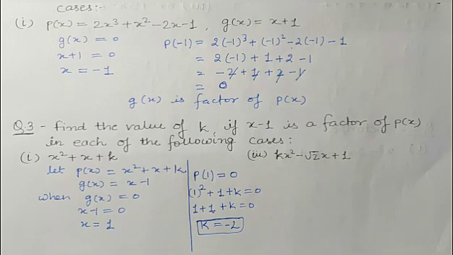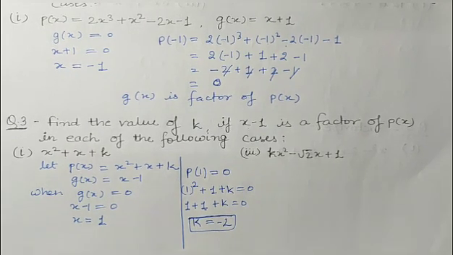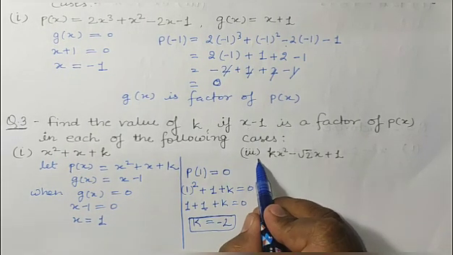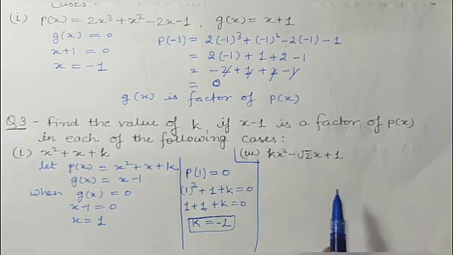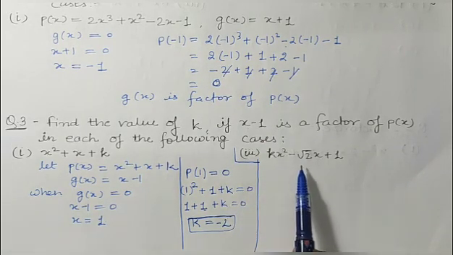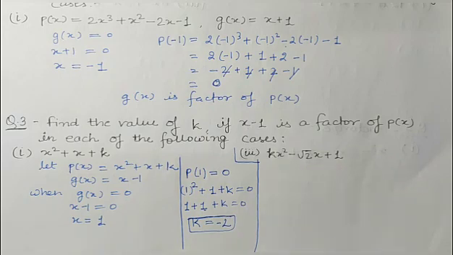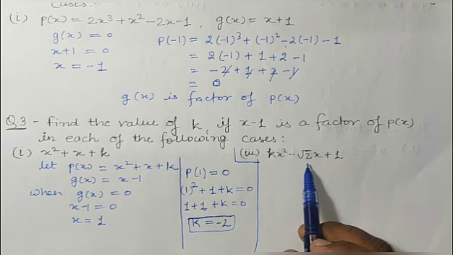Okay students, now we'll solve the third part of this question, which is given kx square minus under root 2 x plus 1. Here also we'll find the value of k.